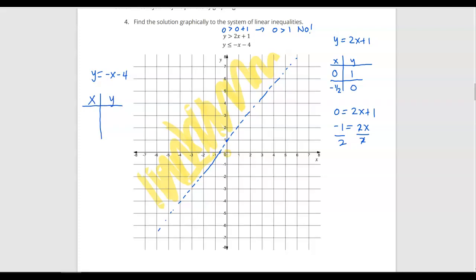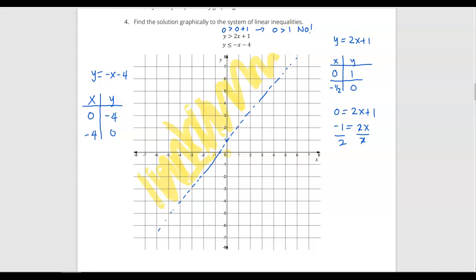So for instance, if x is 0, y is negative 4. Now if y is 0, x is equal to negative 4 as well. Okay, so you just have to input here. If y is 0, we have to solve the equation 0 equals negative x minus 4. Just transpose x on the other side. You have x equals negative 4. So you have those 2 points.